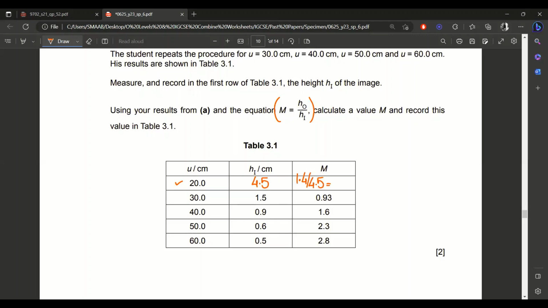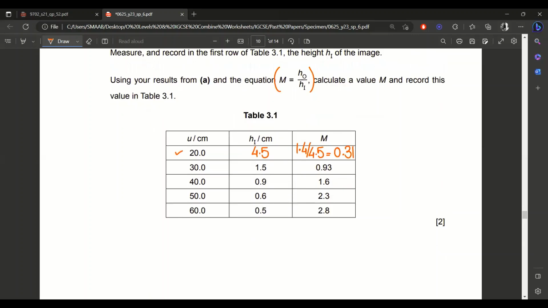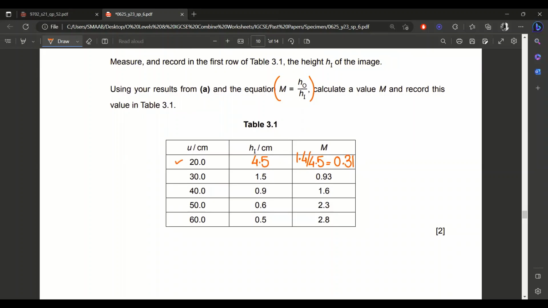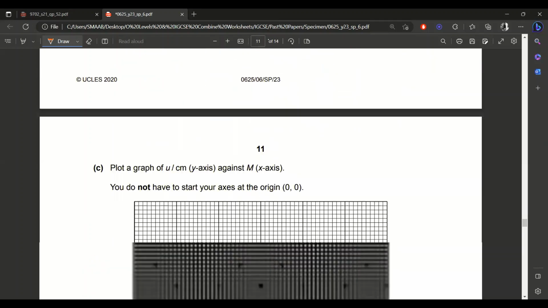So you need to divide these two quantities, that is height of object divided by height of image. 0.31. And all other values are already mentioned. So our part is just to complete for 2 marks. One is for writing this value. Second is for this value.